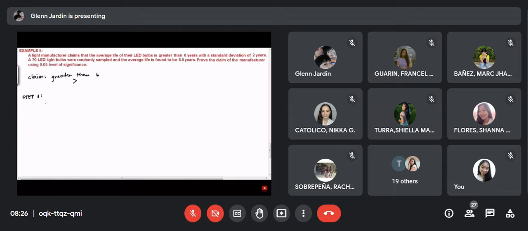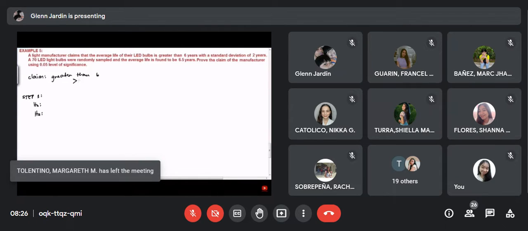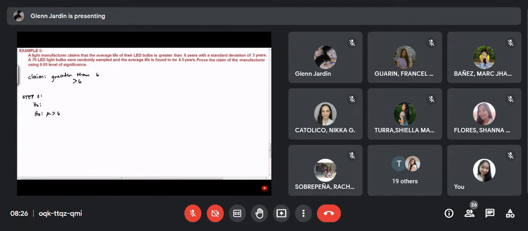Okay? So, again, ang step 1 natin is to construct the HO and the HA. Since greater than 6 tayo, ang claim natin ay nasa HA. So, mu is greater than 6. Okay? Palagi niyong babalikan yung table na nandun sa first slide natin, sa first part ng lesson na to. Kung greater than 6 yan, andito yung claim natin, andyan yung claim ng manufacturer na ang average life daw ng LED light bulbs is greater than 6 years.